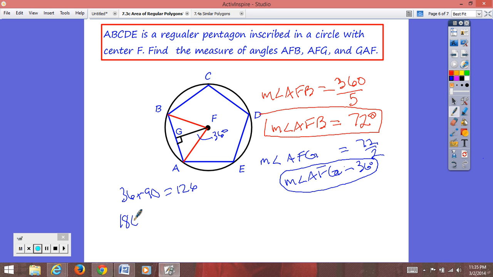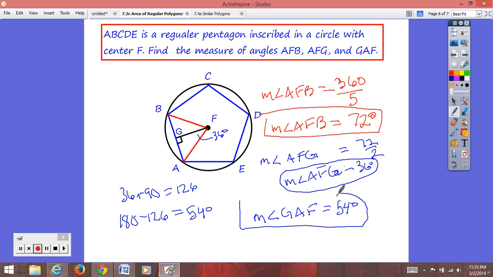So 180 minus 126 equals 54 degrees. So the measure of angle GAF equals 54 degrees.